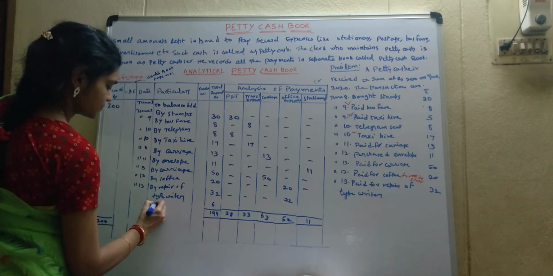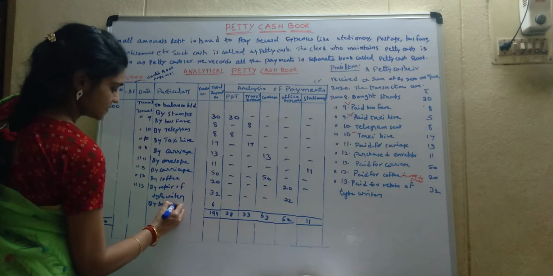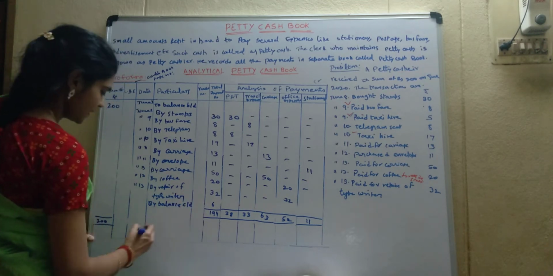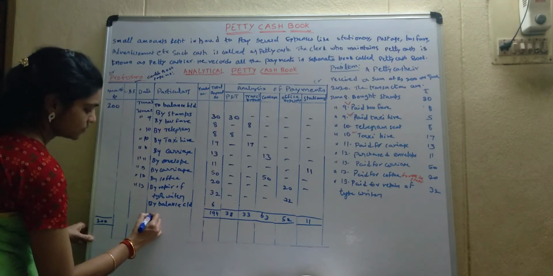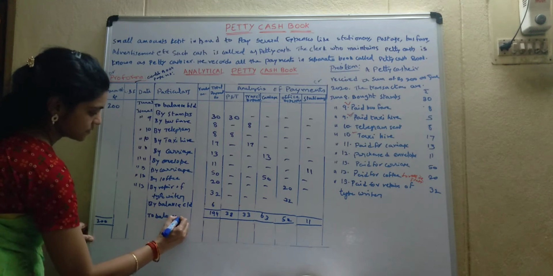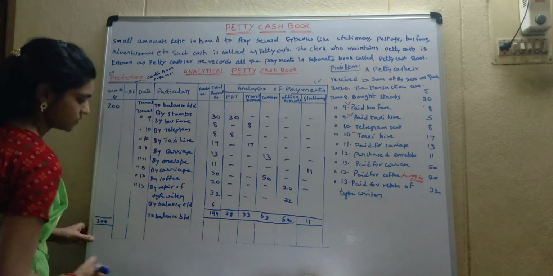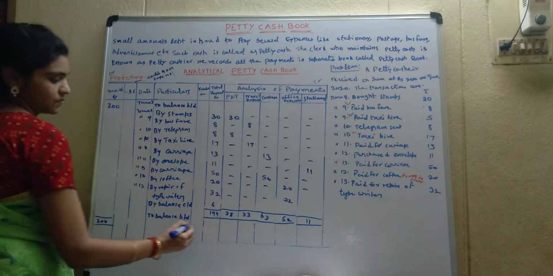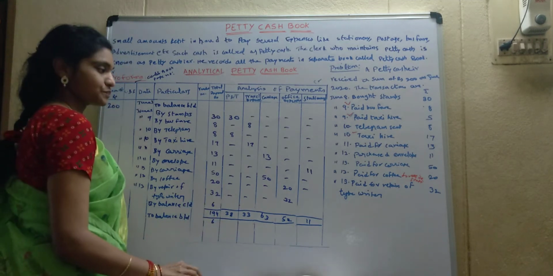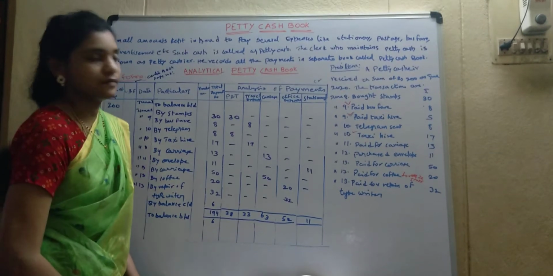By balance carried down. And again, to July, balance brought down. Okay? Clear?